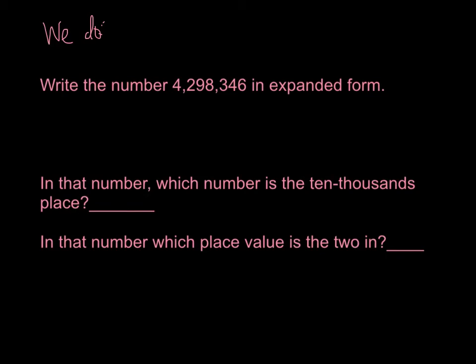Alright, so we're going to write the number 4,298,346 in expanded form. So we're going to put the 4 and then a 0 for every number that follows after it.